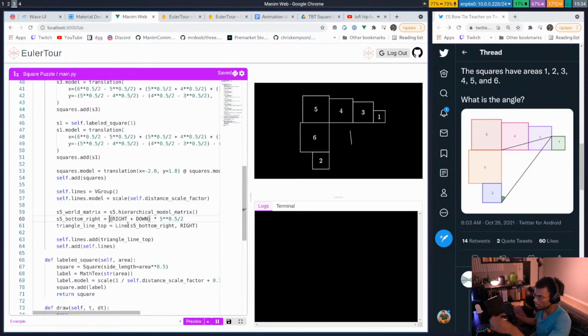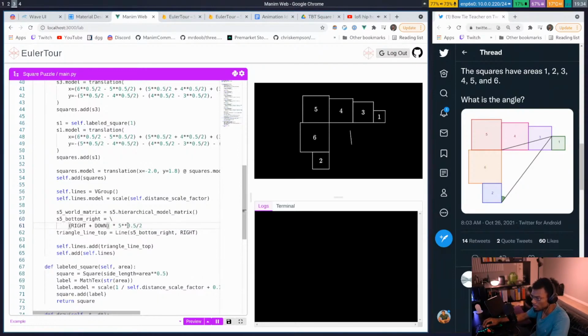So I have the vector. Yeah, this will be annoying though. Like np dot append, I think. I have this comma 1. And then I'll multiply that by the S5 world matrix.